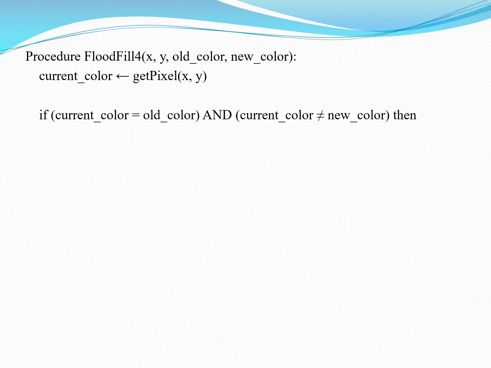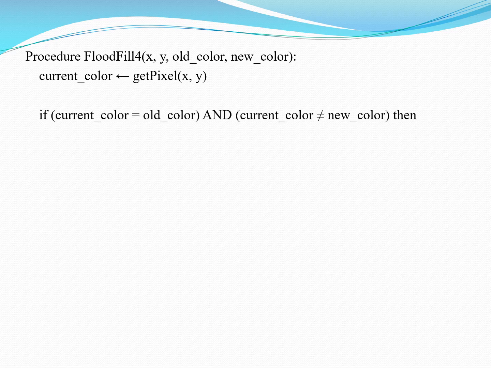Here x, y are the coordinates of a pixel. Old color is the color of the pixel where we want to fill a new color. That is the new color. Current color means the color of the pixel at x, y that we are taking.